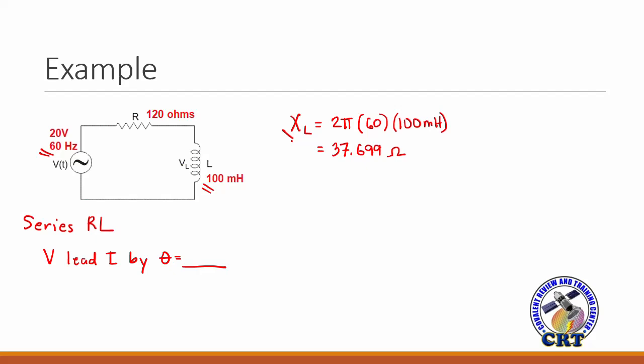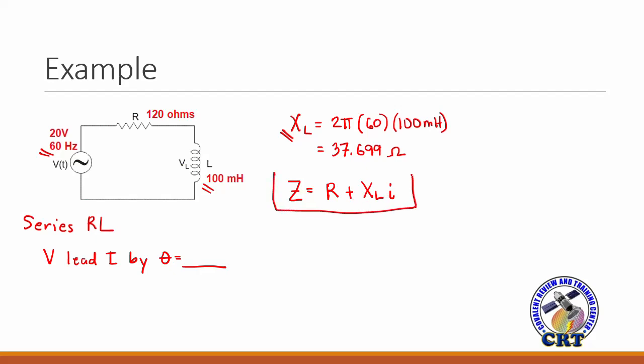XL will be our imaginary part in calculating the impedance. The impedance for the series RL is the addition of all ohmic values, so that is R plus XL i. Take note, XL is the imaginary part and this is positive.